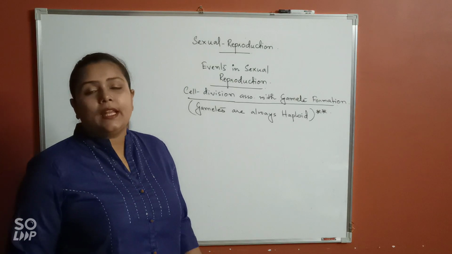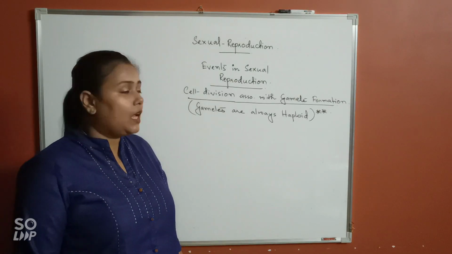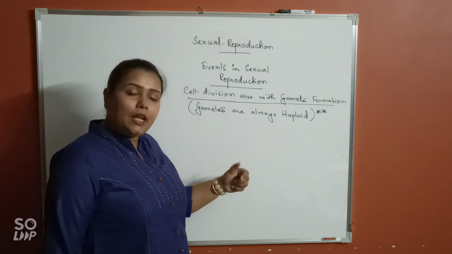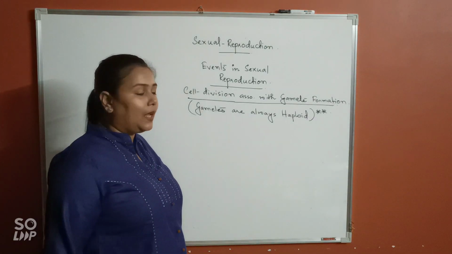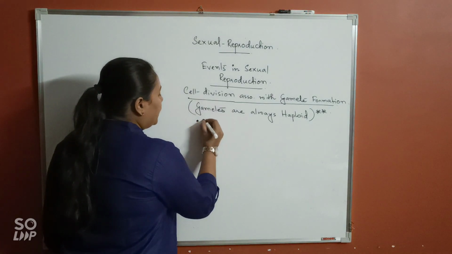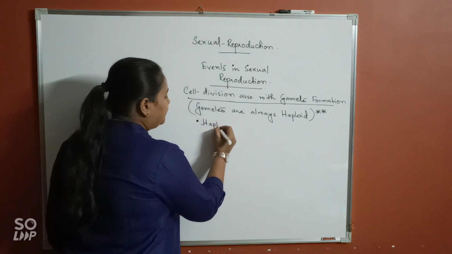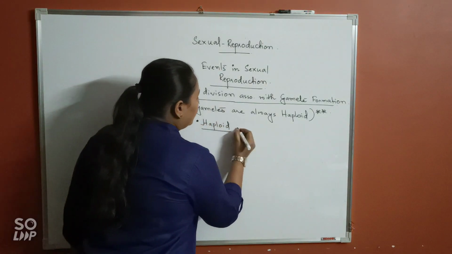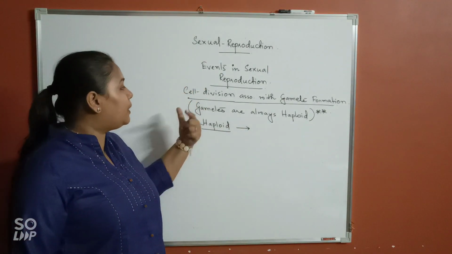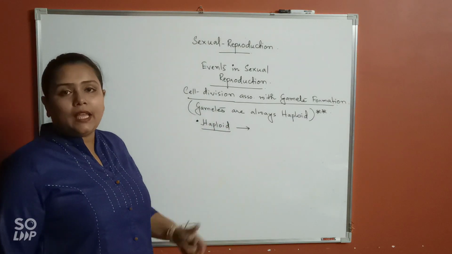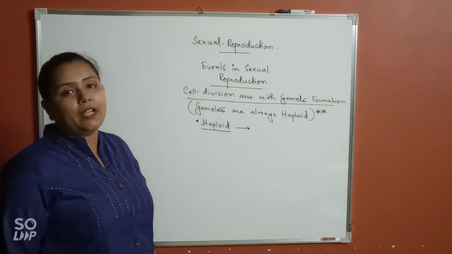So in haploid or diploid organisms, the haploid gametes are formed by different types of cell division. If an organism itself is haploid and it is trying to produce gametes, then the gametes are produced by mitosis.